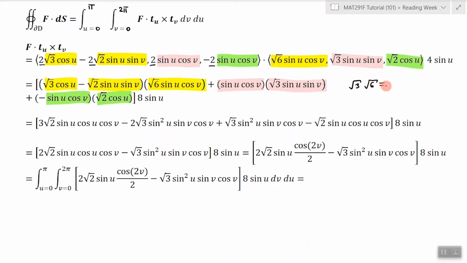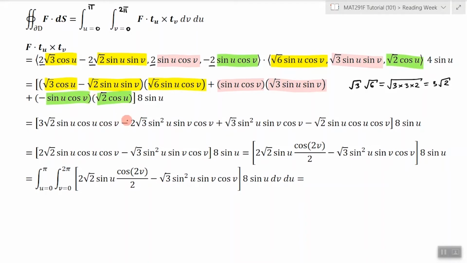We know that square root of 6 is square root of 3 times 2, so then I got 3 root 2. This is what I have here. And then the rest of this term, the way I got it is I took this sine u, wrote it here, then this cosine u I got from here, and this cosine v I wrote here.